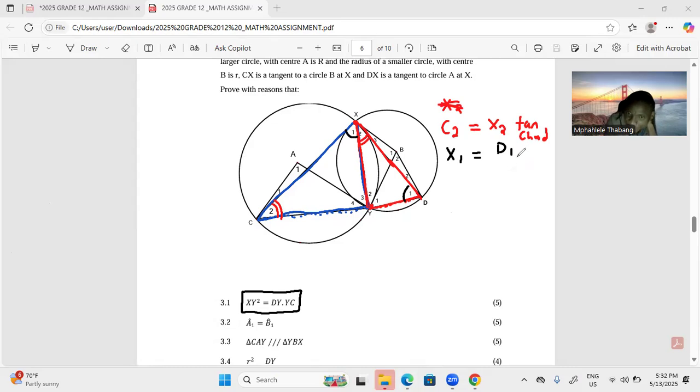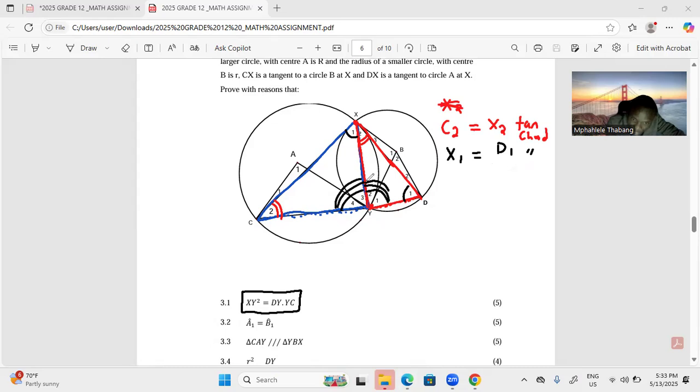Now, what is this one? It is still tan chord. Once I have got two angles that are equal, one angle from the one triangle equal to another angle from the other triangle, and the second angle from the blue triangle equal to another angle in the red triangle, once I have two, the third one, I don't prove it. I just say third angles of a triangle. So I'm going to look at this angle, Y3 plus Y4, and say equals Y1 plus Y2.